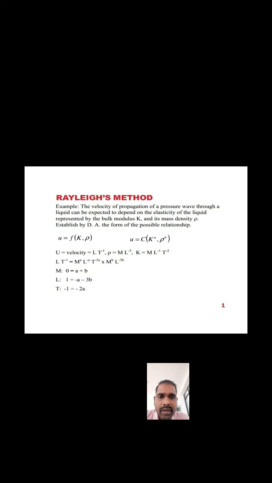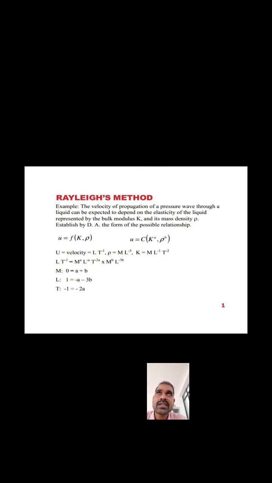So here the velocity of propagation of a pressure wave through a liquid can be expected to depend on the elasticity of the liquid, represented by the bulk modulus K, and its mass density rho. Establish by dimensional analysis the form of the possible relationship, right?